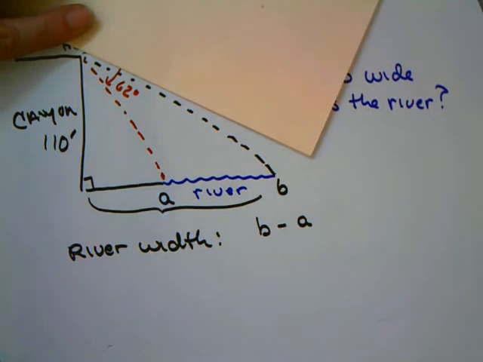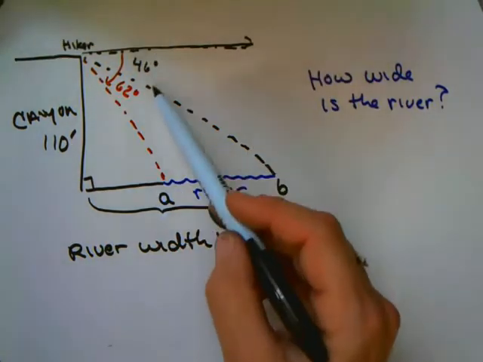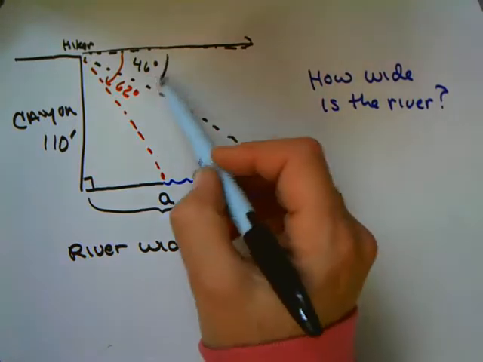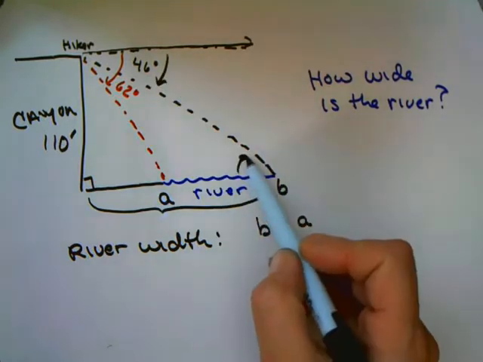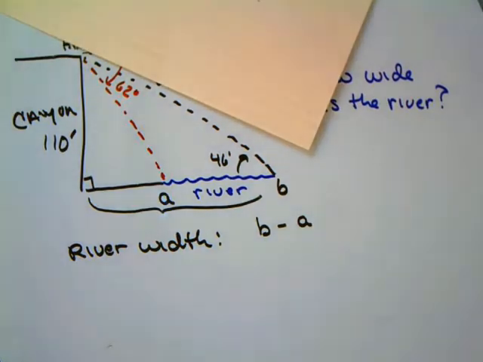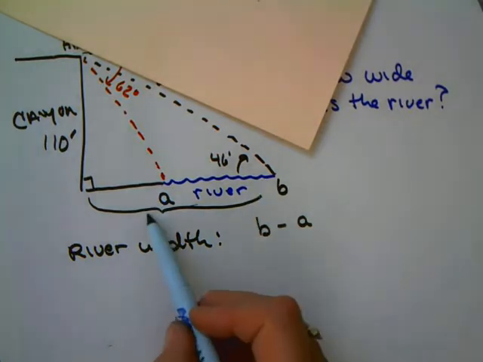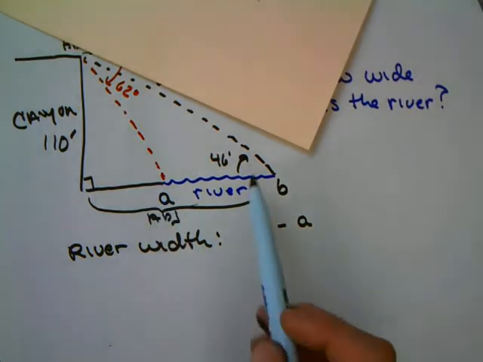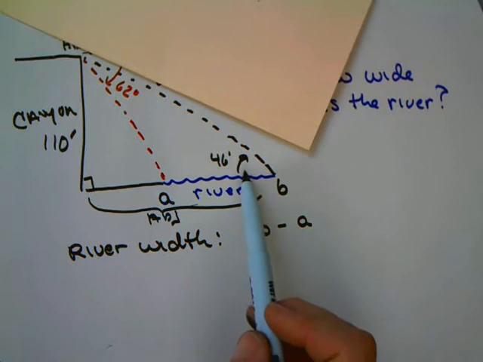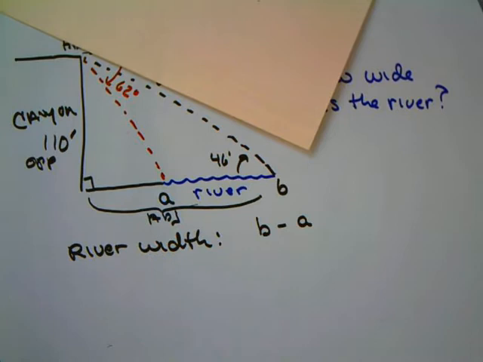When the hiker looks down, if this angle of depression is 46, well then this angle of elevation must also be 46 degrees. So if I look at this, I think, okay, to find this length, which is adjacent to the angle, this length is the opposite leg to the angle.